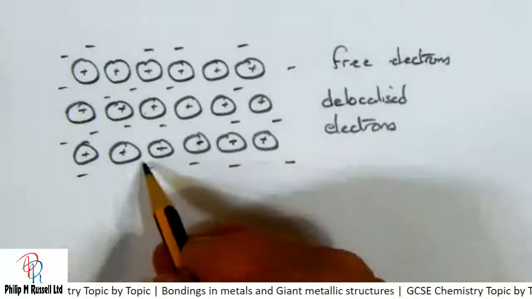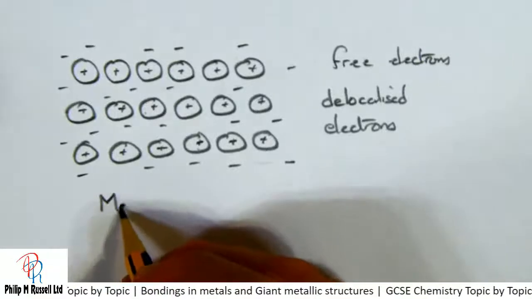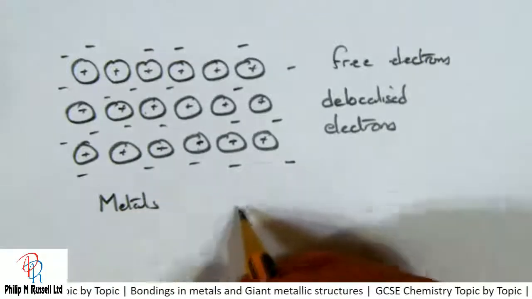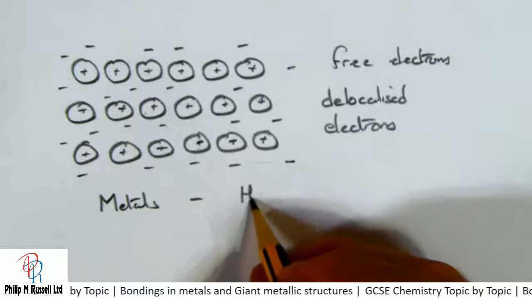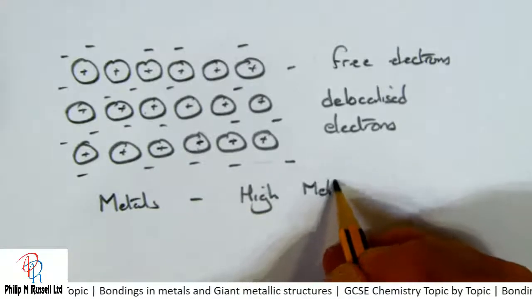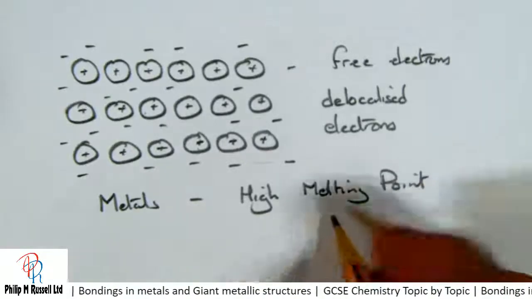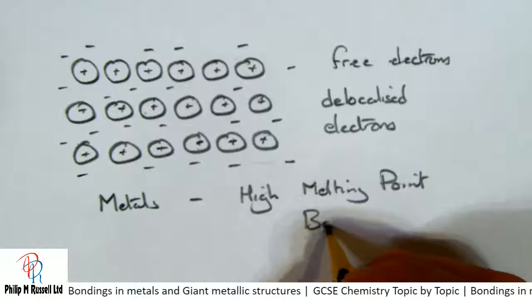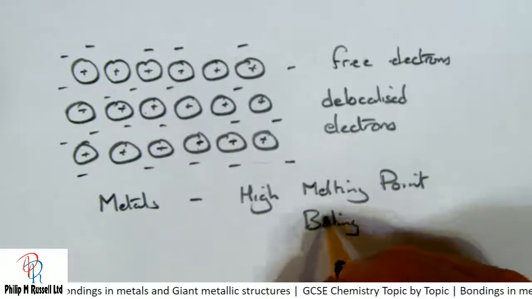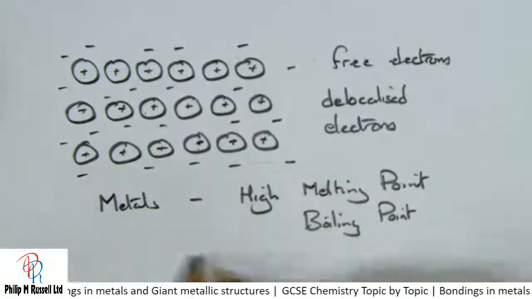And very strong this is too, as seen by most metals. They have generally a high melting point and a very high boiling point. There are, of course, a few exceptions to this.